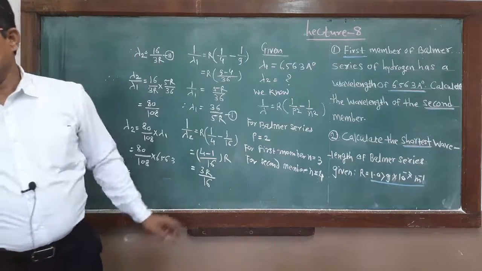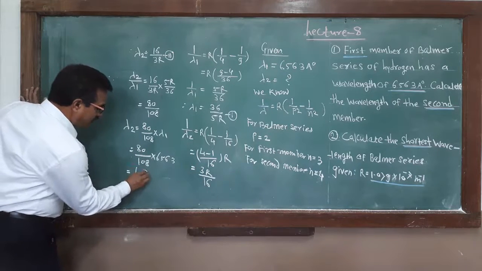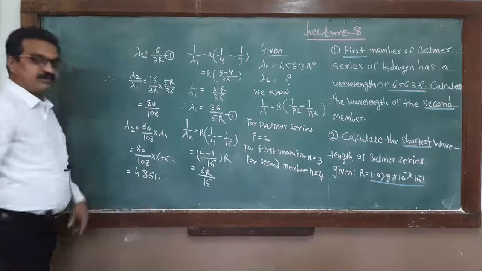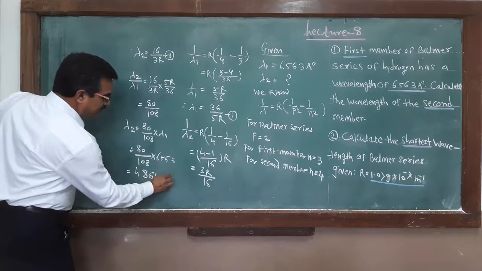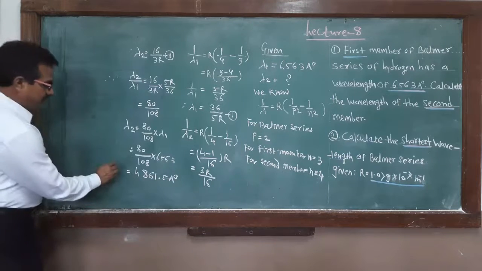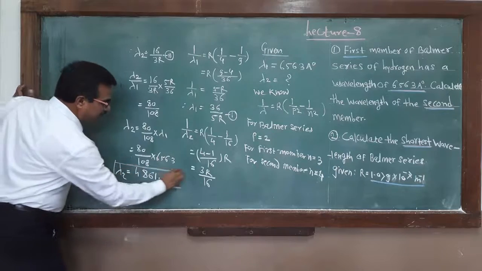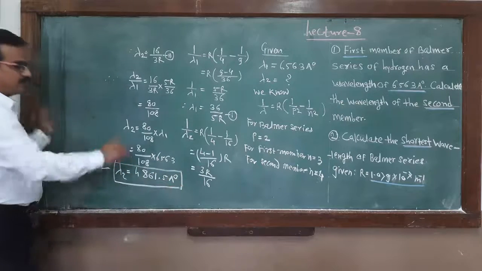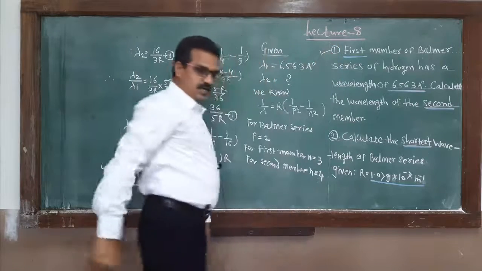And by using calculator, the value comes out to be 4861.5 angstrom. This is actually the answer. Lambda 2 is equal to this, the wavelength of the second member. This is the final answer. This is the solution for the first problem. Remember this.